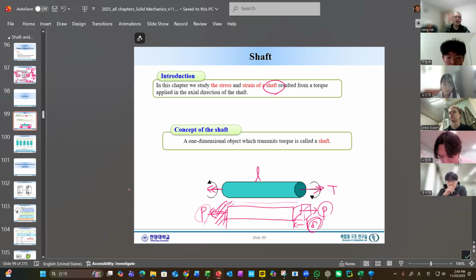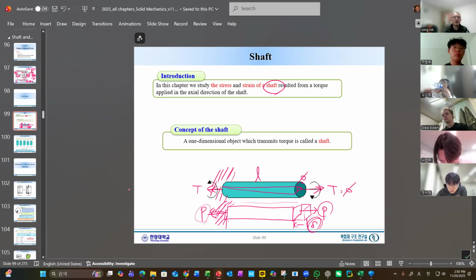Same for here. When we apply torque here, there will be a reaction. So let's say we fix here, then we will have a rotation. If we define a line here, it will rotate this much. With this end fixed, it experiences this angle, phi.